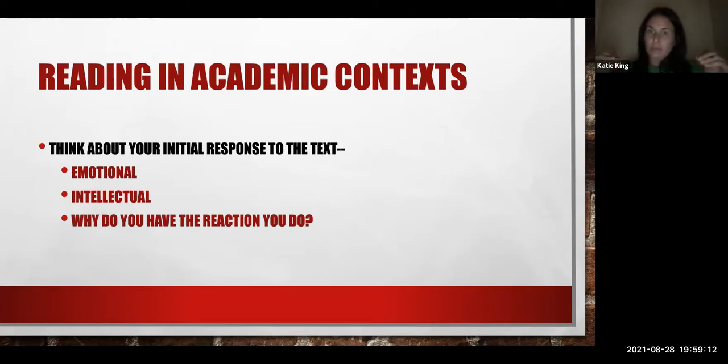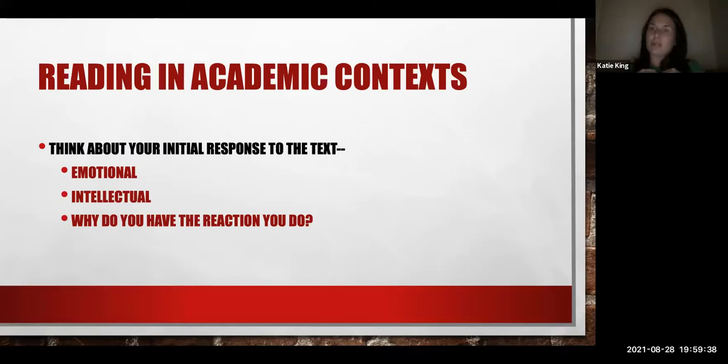That emotional response is equally, if not more so, important than the intellectual response to the text. And so now, thinking about both of those emotional and intellectual responses working together, you have to ask yourself, once you have that response as you're reading or once you're done reading, why do I have that response?